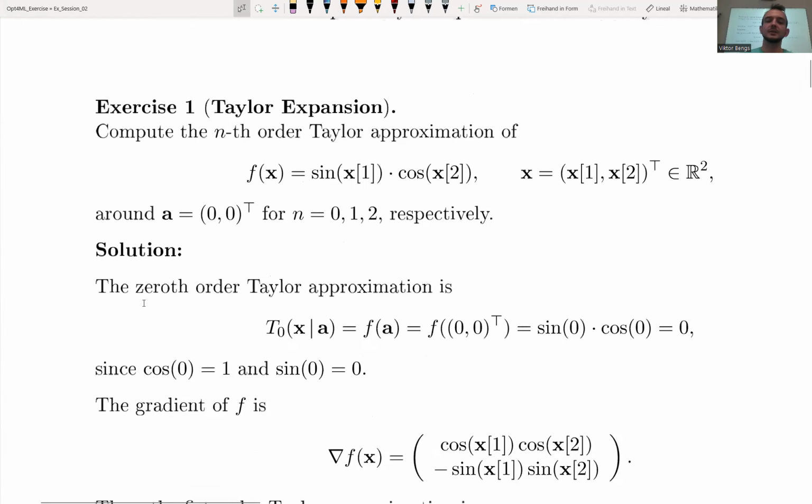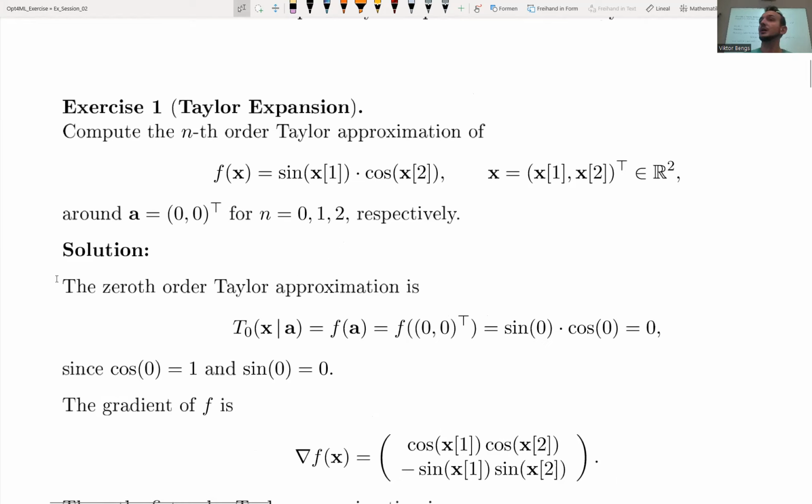So let's start with the zeroth order Taylor approximation. What is the zeroth Taylor approximation? It's the one where we are fitting a constant value to approximate the function at hand. And the constant value we pick is simply the value of the function at this approximation point a.